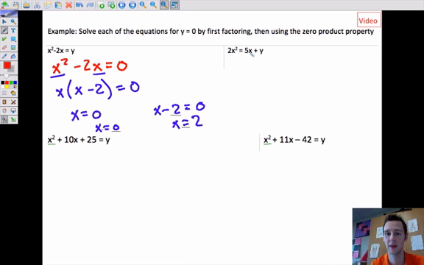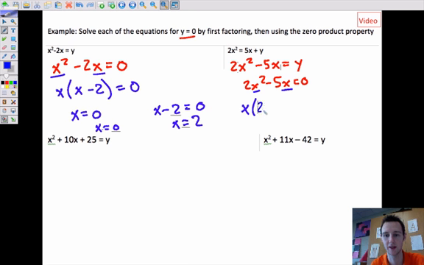The second one, you need to get this 5x over to the other side first. So we'll actually end up with 2x squared minus 5x equals y. Again, set y equal to 0. 2x squared minus 5x equals 0. We see that there is an x in each term, so I'm going to pull the x out.